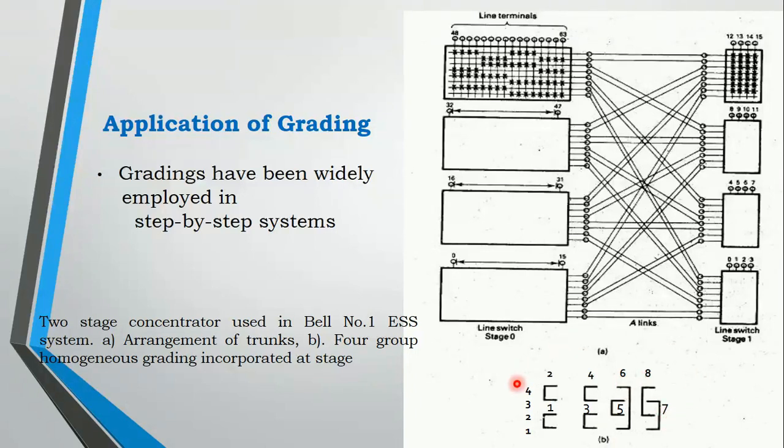You can observe here what type of grading it is. So it is not a progressive grading, and it is not a skipped grading, because here you have an equal number of connections. You can observe here the number of commons are equal, and even the number of connections are also equal. This type of connection is a homogeneous grading system.